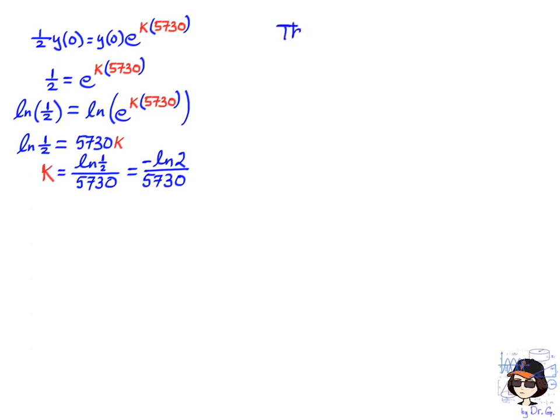So now we have our function. Y of t is equal to y of 0 times e to the negative natural log of 2 over 5,730 times t. That's the function. And we do not put k into a calculator. We leave it as an exact number because that helps us keep from getting rounding error every time we do a calculation.